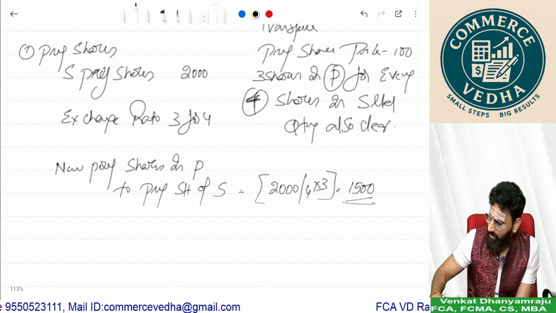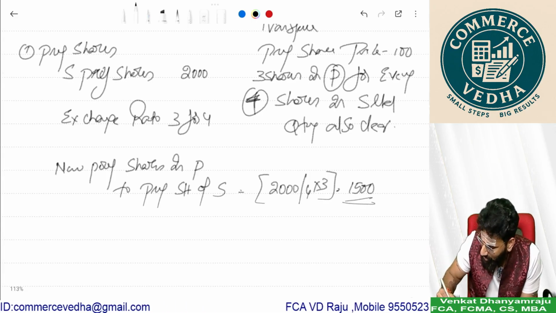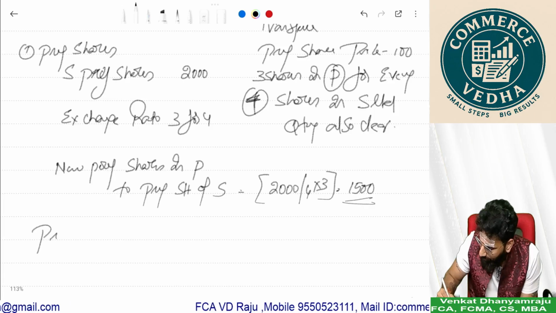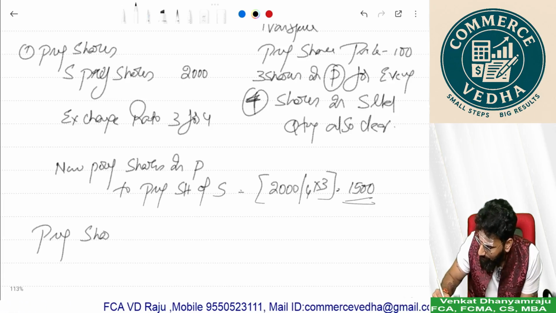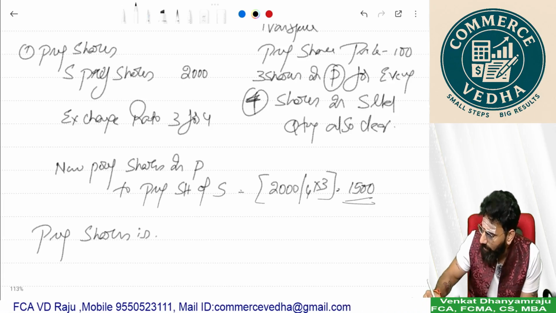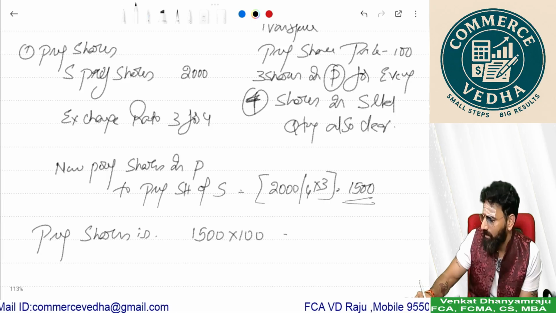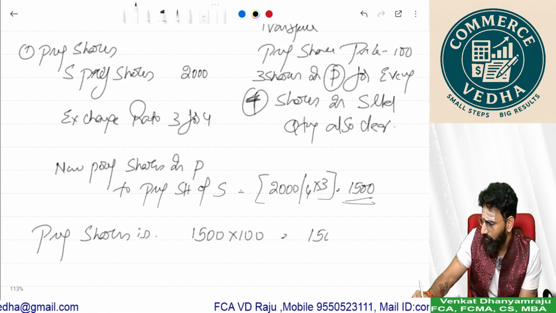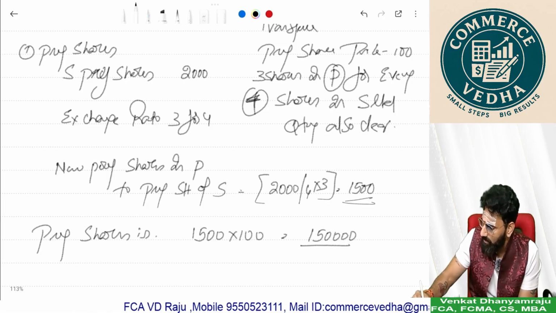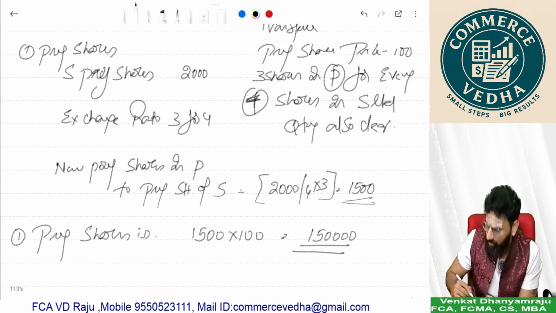It means the total consideration for preference shares is 1500 into 100, which is 1,50,000. This is one part of the consideration.